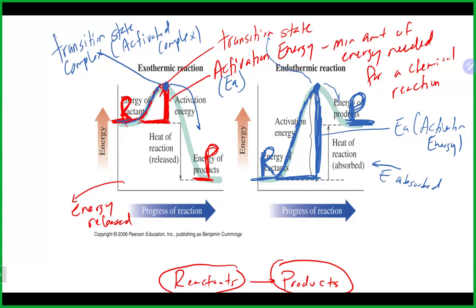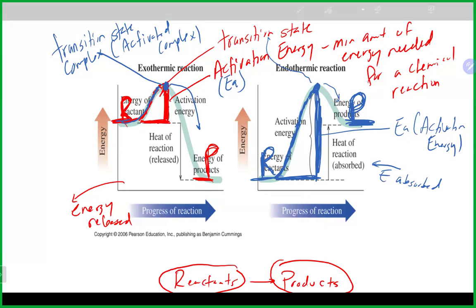So activation energy really does play a pretty big role in whether or not, or how fast, a reaction will take place, which is sometimes referred to as the rate of a reaction, which you actually talk about more in kinetics in 1B. Now, a couple of other important things.